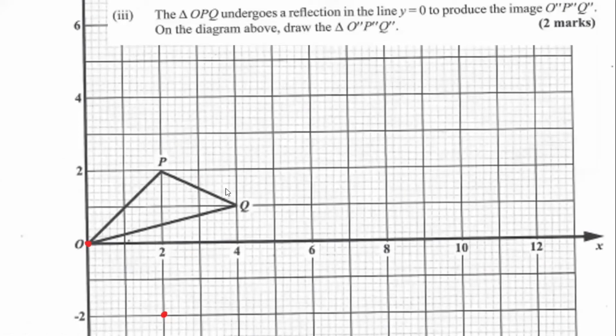And then the y value, which was 2, we multiply by -1. 2 multiplied by -1 will give us -2, and that is how we got our point here for our P prime.